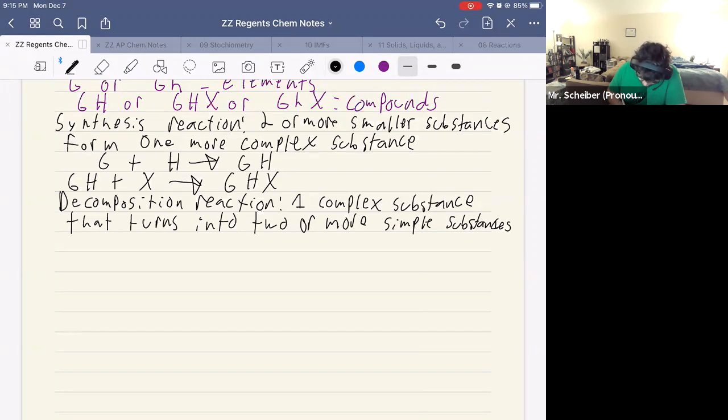So we can have GH turning into G plus H, right?